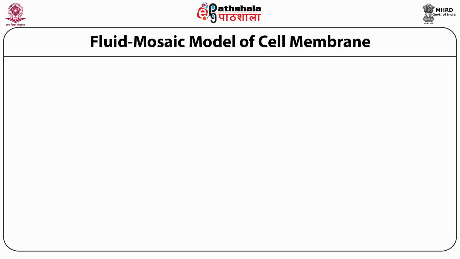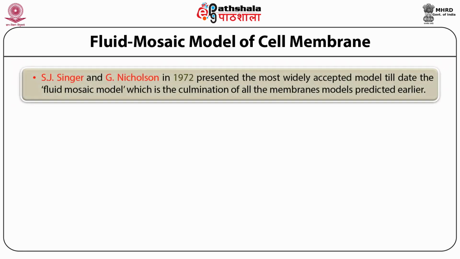Furthermore, they considered the role of hydrophobic amino acids in alpha helices. From all these, S.J. Singer and Garth Nicolson in 1972 presented a model widely accepted to this date, the Fluid-mosaic model, which is the accumulation of all the membrane models predicted earlier.